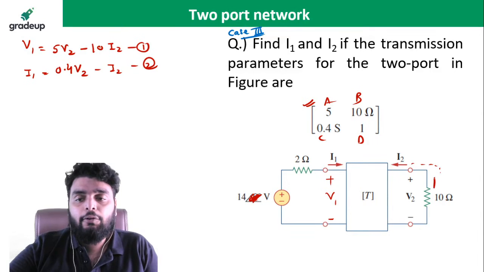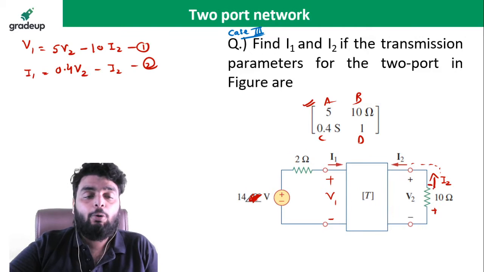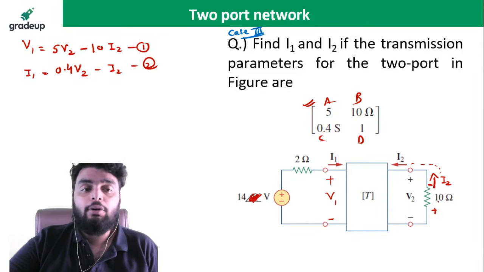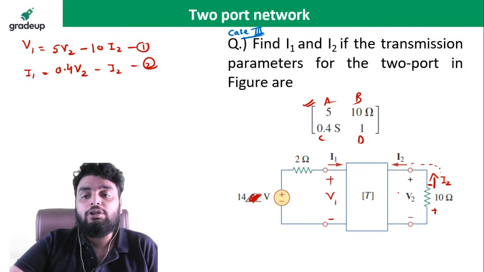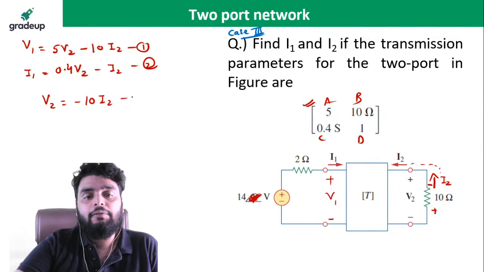I2 is actually flowing in this direction. If I2 is flowing in this direction, it will be plus, minus. Look at the polarity carefully. If the direction of I2 is this, then the plus minus polarity will be like this. And you will see the polarity is opposite to the voltage polarity which is given. So V2 will be minus 10 times of I2.